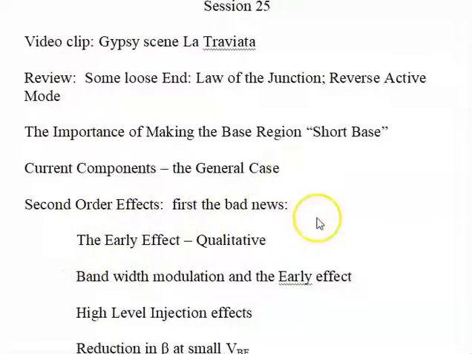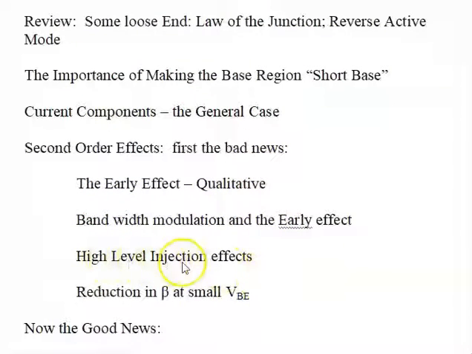Then we'll look at second order effects, and I've divided the second order effects into two main categories: the bad news, things that degrade performance. And we'll talk about the early effect, the bandwidth modulation, high level injection, and then low level injection.